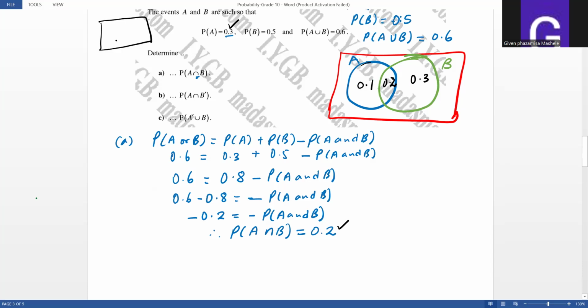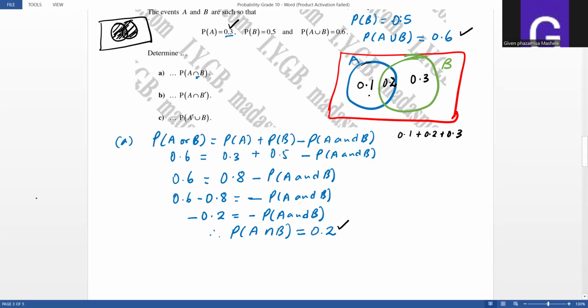This area, all of this, is A or B. So if we add 0.1 plus 0.2 plus 0.3, this gives us 0.6. So you see that is A or B.